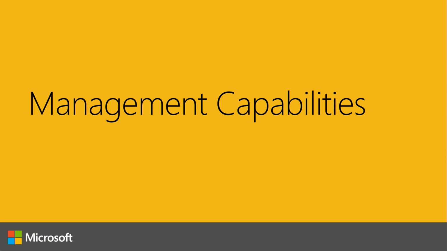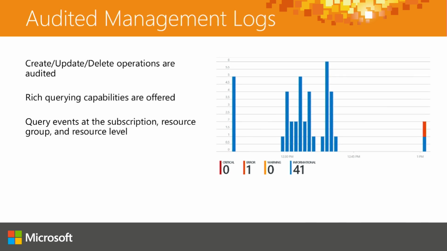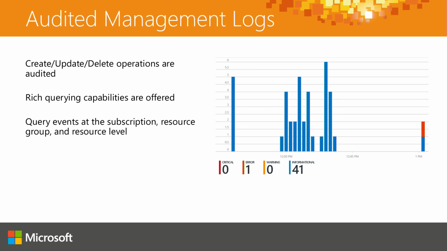Time for other management capabilities. So I gave you a peek at event logs. That's auditing of what's happened. You get an idea of who did what. Some other topics we'll cover just in a second. Management logs: who did what, where, and what permissions they're using to do that.